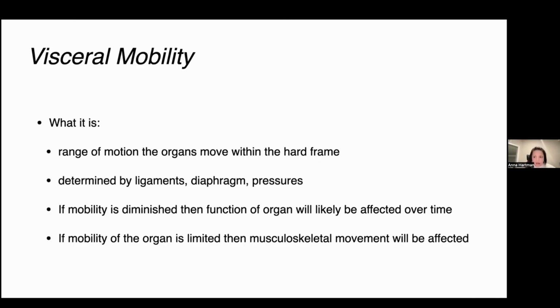Whiplash is a motion of energy being applied to the body and reverberating throughout it. That's what creates disruption in tissue during injuries, pathology, etc. That scar tissue, that sedentariness, locks down our mobility, and it does so in the organs as well. So when we have limited mobility in organs, our organ function starts to diminish.